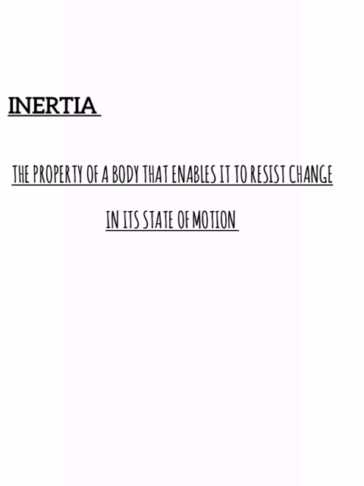Immediately the car starts to move, you tend to move backward, or when the car turns to the right, you tend to go to the left. That's called inertia, which enables your body to resist change in its state of motion.